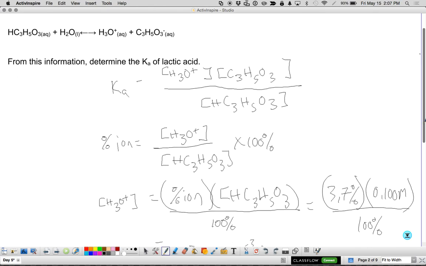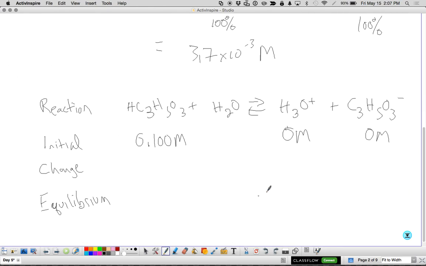Which means that this value, this 3.7 times 10 to the minus 3 molar, is really an equilibrium concentration. Which means that my change, I went from 0 molar to plus 3.7 times 10 to the minus 3 molar. Okay? All right, well, this product, this H3O+, is in a 1-to-1 mole ratio with this product, which means that this product should do the same.